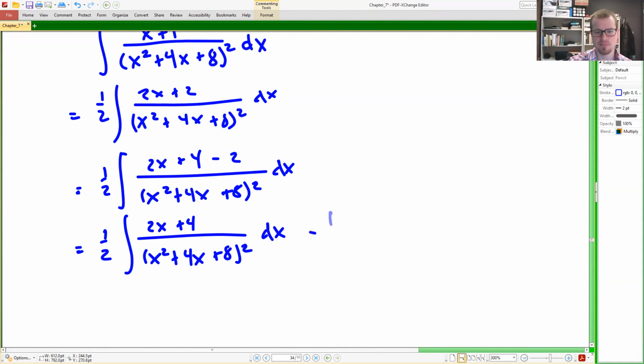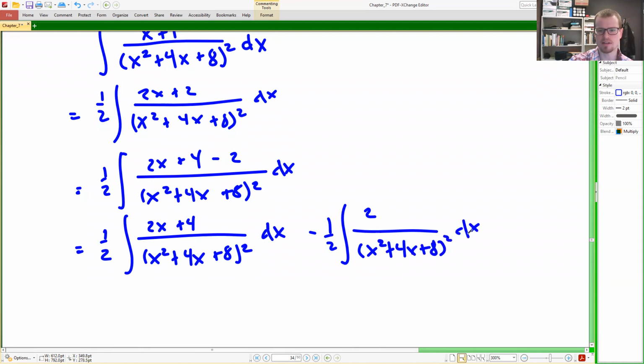So I'm splitting this up as minus, right, this is 1/2 of the integral, so when I split the integral up, that 1/2 has to be there too. 1/2 of 2 divided by x squared plus 4x plus 8 being squared, right? Because I can take this one fraction and split it into 2 by separating the numerator. That's not a problem. Of course, the 1/2 and the 2 will reduce, so 1/2 times 2 is just 1. So there's just a 1 here in the numerator.